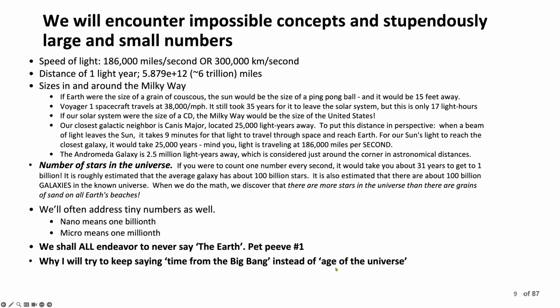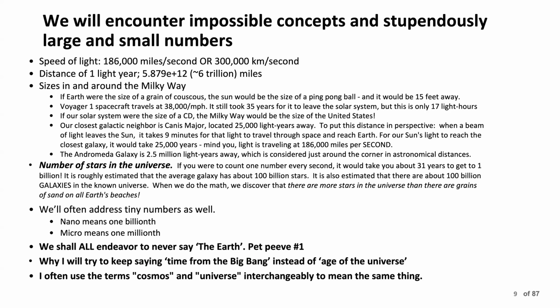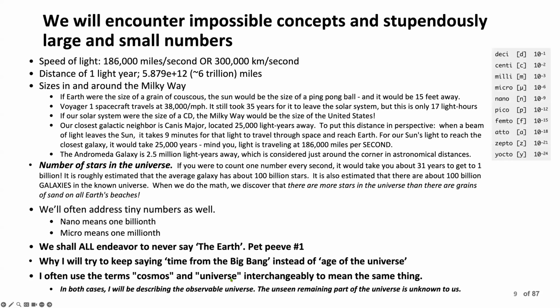The universe could be the result of a prior universe that collapsed and then reemerged in the Big Bang we observe. So it's time to try to clarify the language we use. So we really don't know the age of the universe, but we do know the time since the very beginning of the universe that we observe. And I'll use terms interchangeably, the cosmos, the universe, and so forth. I'll be using both of those.